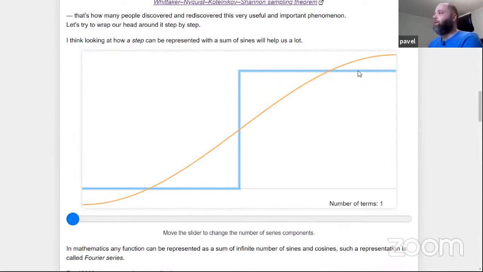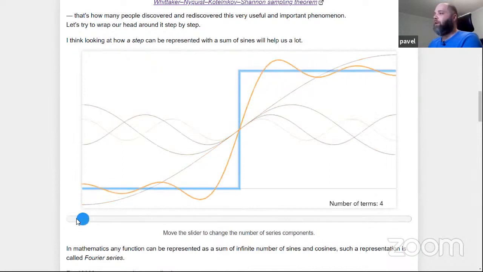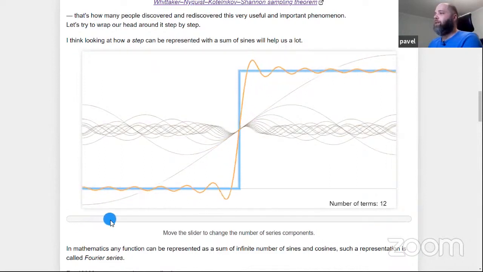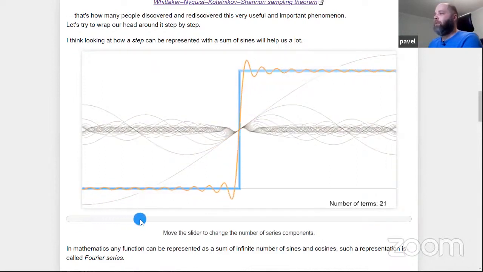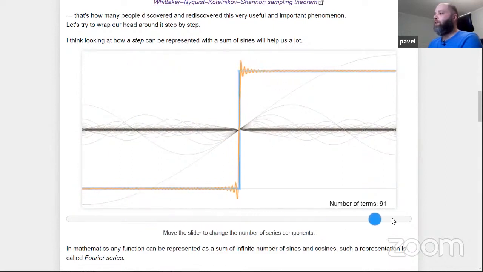So here is one sine that approximates this signal, and we can add some more sines in the sum to approximate this signal better and better. Eventually, it gets somewhat close, I'd say, but rather, theoretically, it will get exactly to the shape of the initial signal, but with the sum of an infinite number of sines.